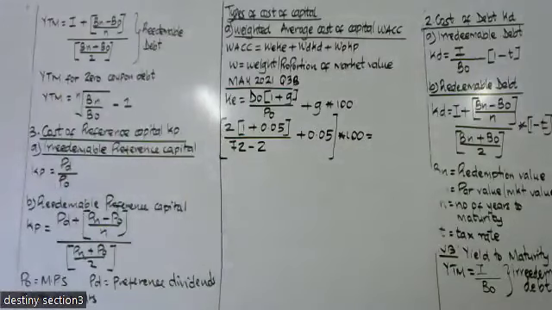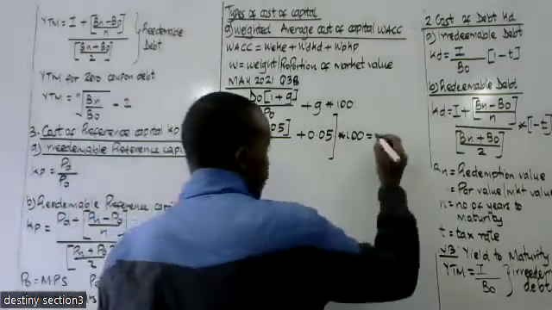Remember the price here is ex-dividend, not cum-dividend. The answer is 10%.